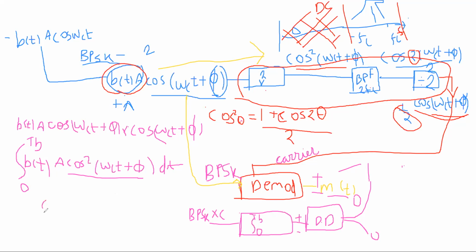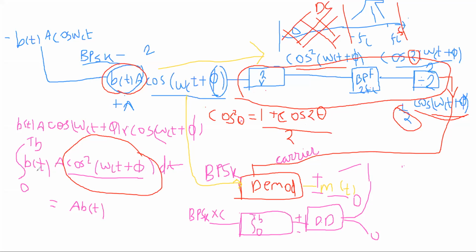So what will remain is the integration output. If you solve this integration, what remains is only A multiplied by b of t, as they are constants and are taken outside the integration, and inside the integration only cos square omega ct plus phi remains. Using trigonometry, it is written as 1 plus cos of twice omega ct plus phi upon 2.